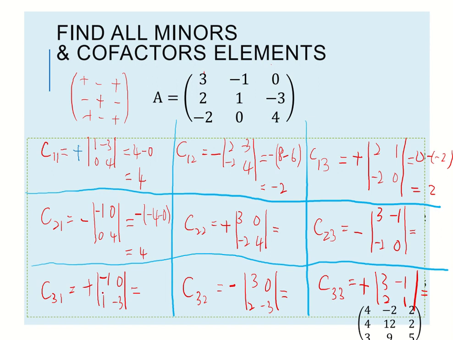And for this one, we have 12 minus 0, so we have 12 here. Then for this one, we have 0 minus 2, and we have 2.